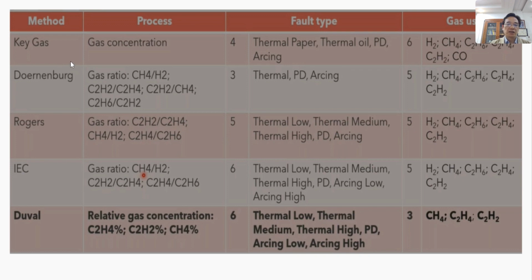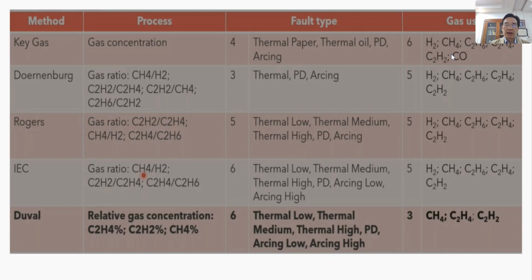In this method we consider the gas limit for each gas and the condition of the transformer. Typically with the procedure that we use the key gas method, we consider all the gas limits. Then if no gas is over the limit, it's okay. Then no need to do anything else.